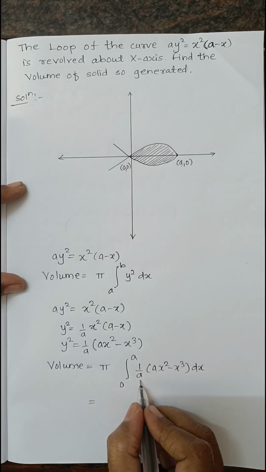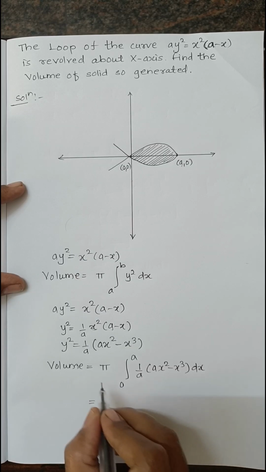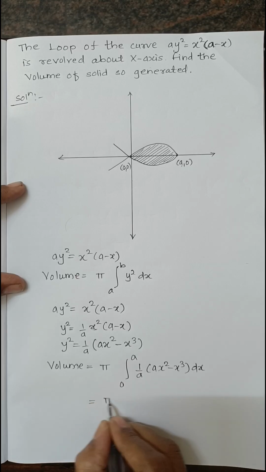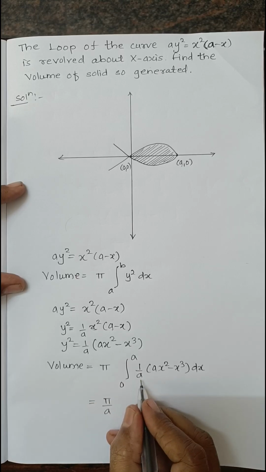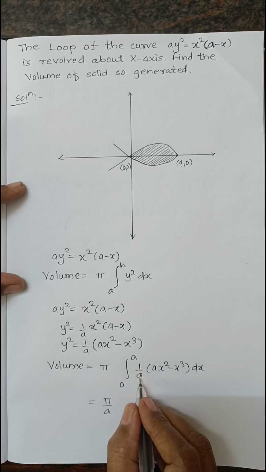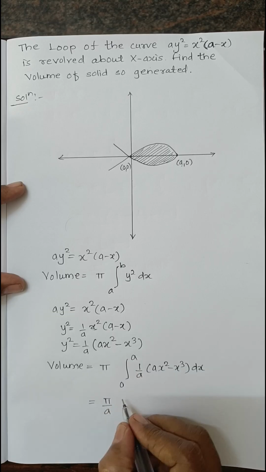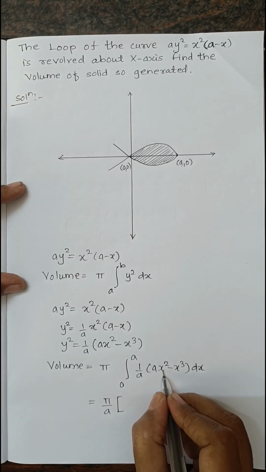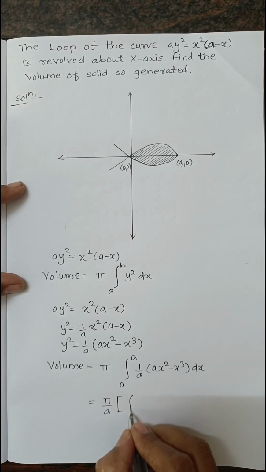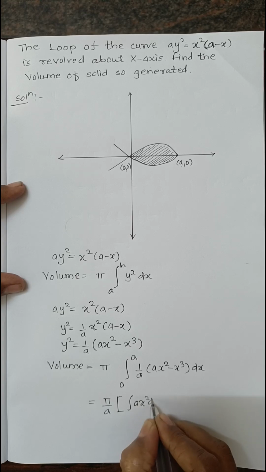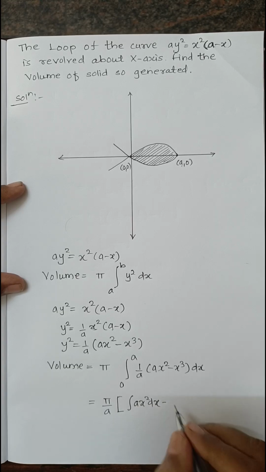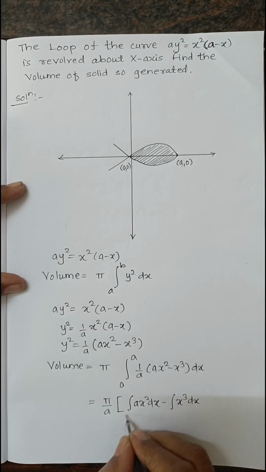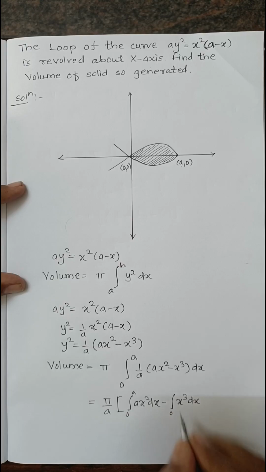This 1 upon a is a constant, therefore let us take it outside the integral. Pi into 1 upon a is pi upon a. Now integrating: integral of a x square dx minus integral of x cube dx, limit from 0 to a.